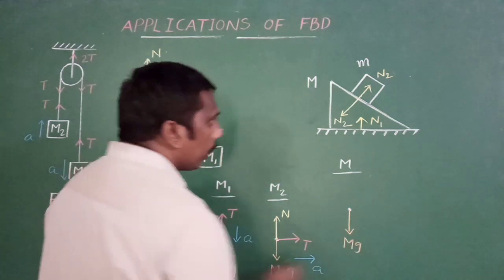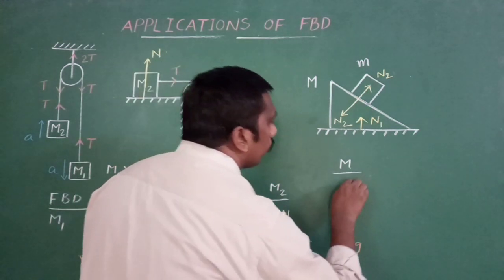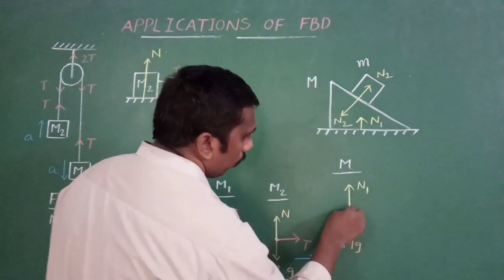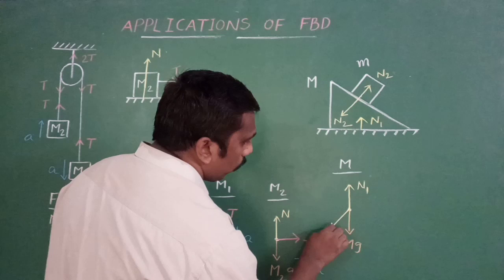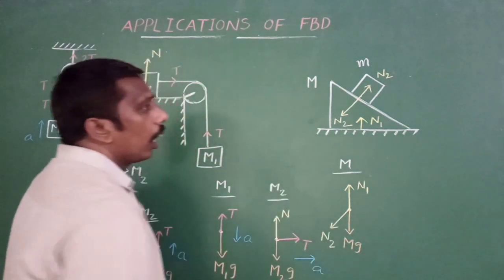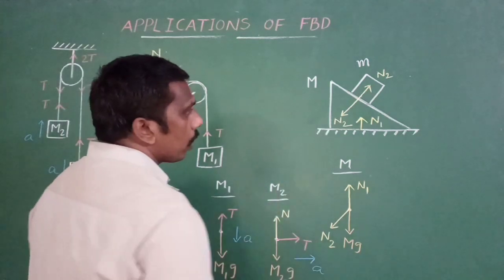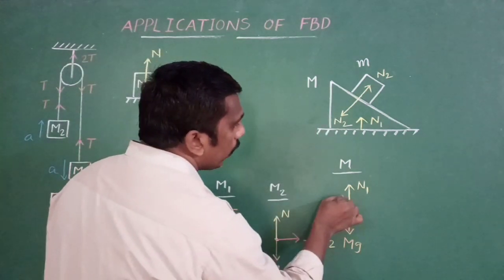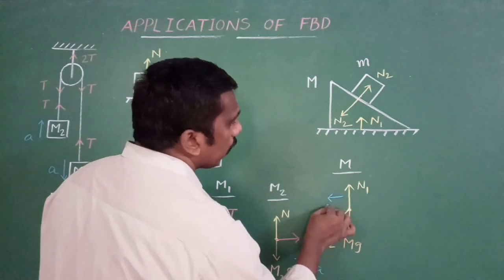Normal reaction N1 acts in this direction, and another normal reaction N2 acts in this direction. Because of the smooth surfaces, capital M moves along the horizontal direction with an acceleration A1.